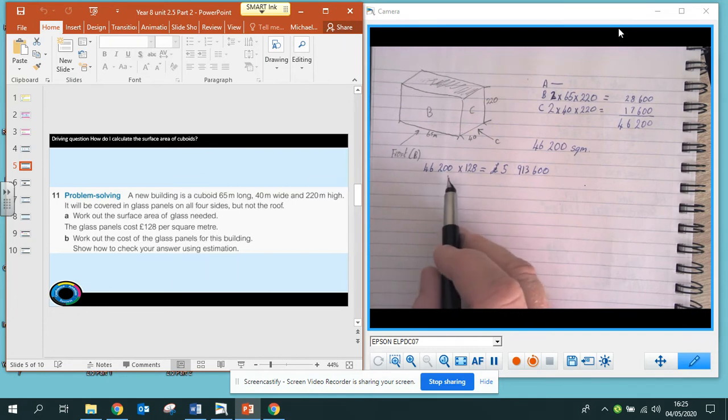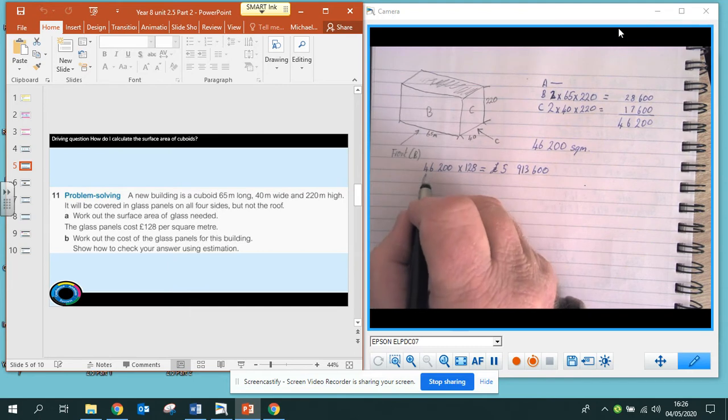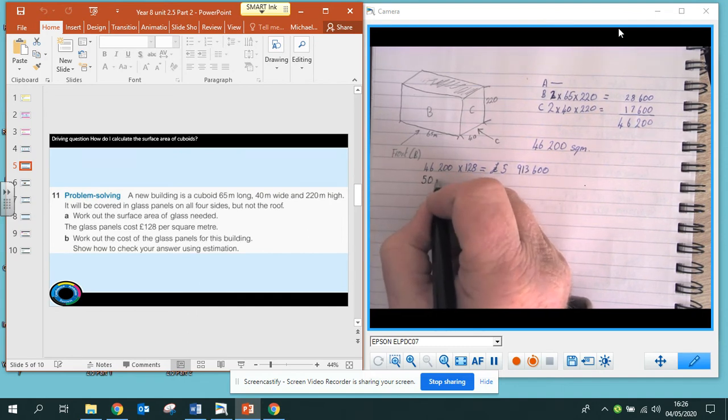Well, 46,200, the biggest place value is 10,000s, so I'm going to round this number to the nearest 10,000, and the nearest 10,000 to 46,000 is 50,000.